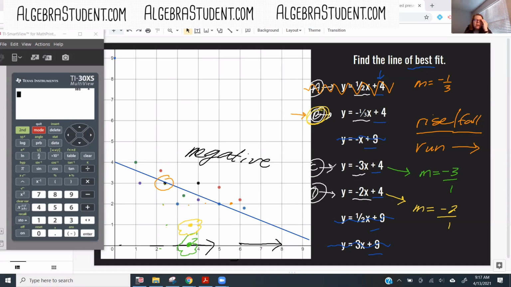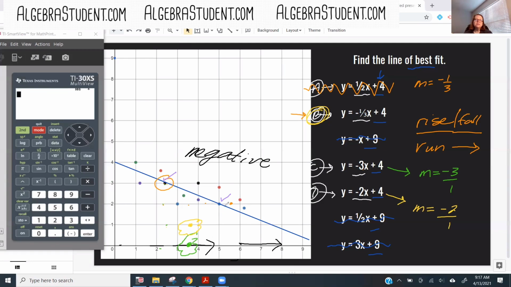To really confirm that, let's find the slope for 2 points that appear to be really close to this line. We have a nice rainbow of colors going. This point looks really close to the line, and this point that we were just using looks close to the line. For the line that I drew, those appear to be the closest.